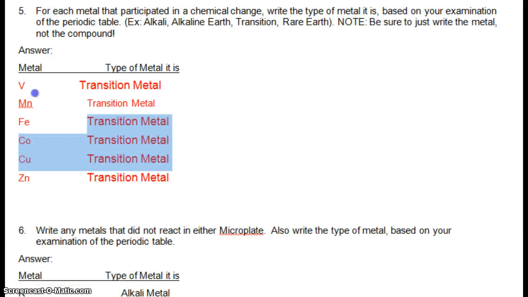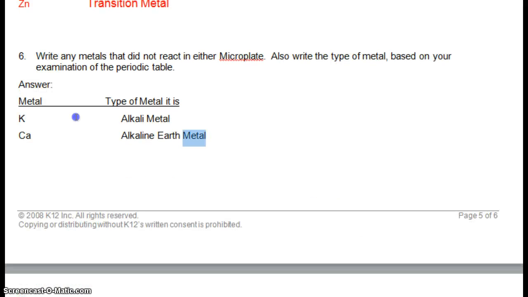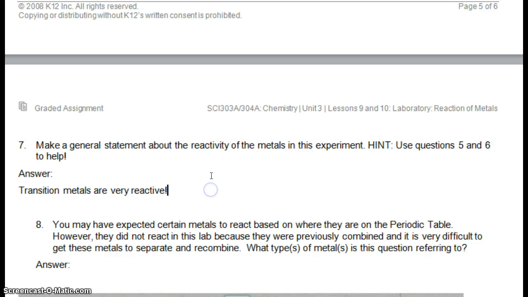So we said that the transition metals were very reactive. What would we say about these? Well, they didn't react, so we would say that they are non-reactive. So the alkali and alkaline earth metals did not react at all.